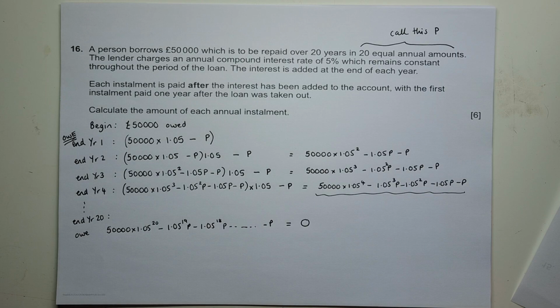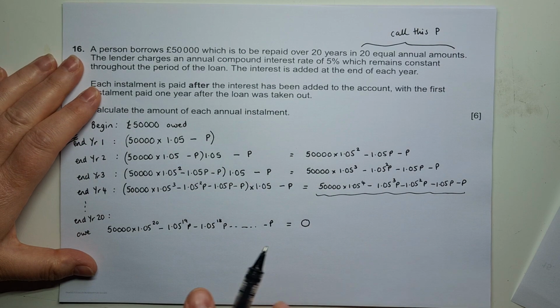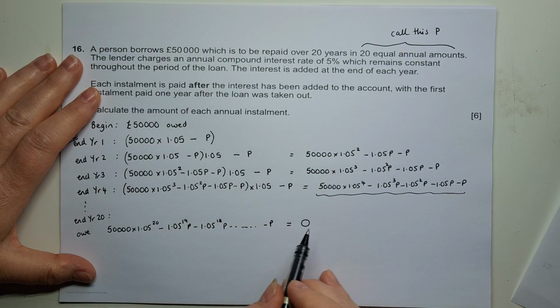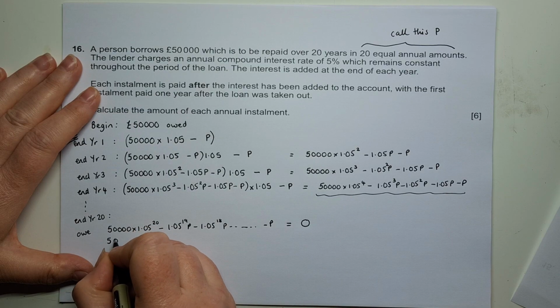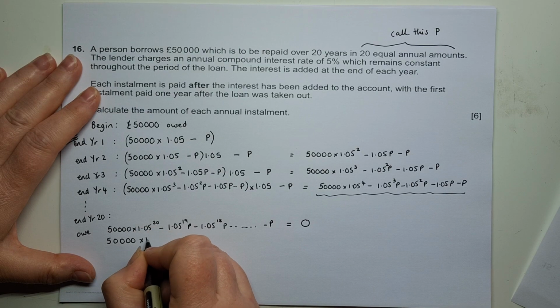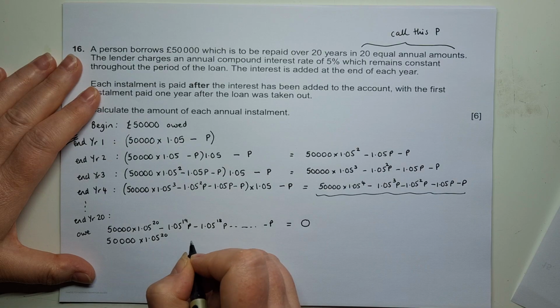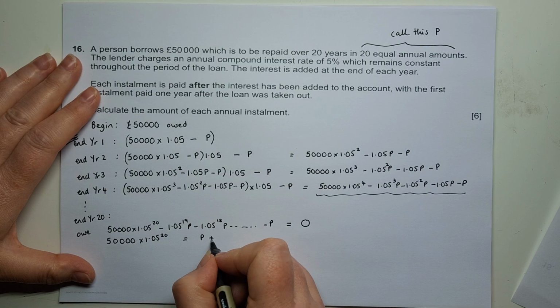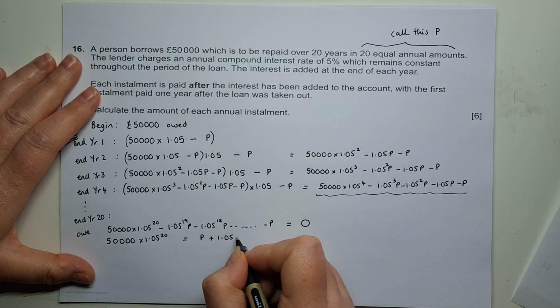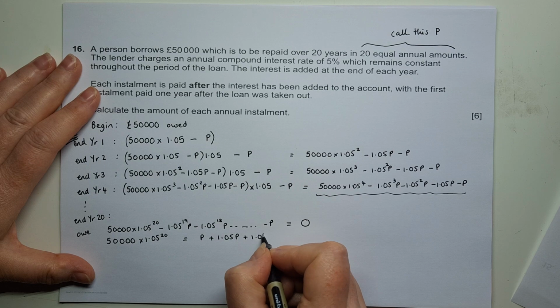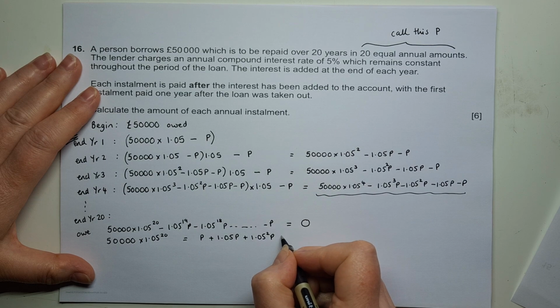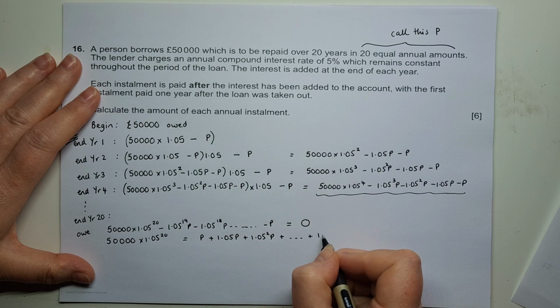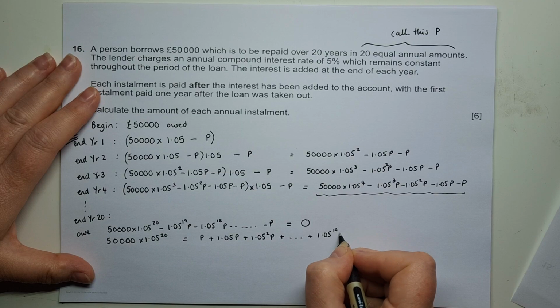Right, I think we've done most of the tricky bit now. Let's hop all the p terms over onto that side. And we get p plus 1.05p plus 1.05 squared p plus all the way up to 1.05 to the 19p.